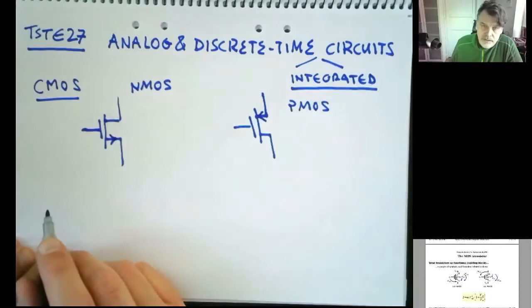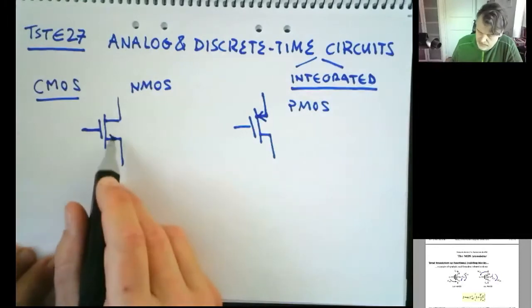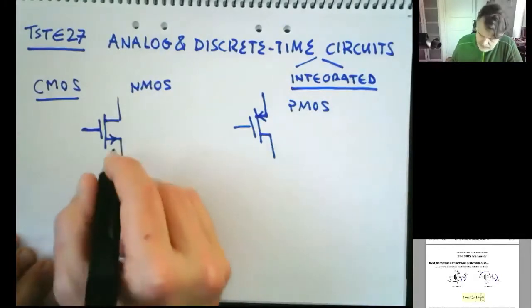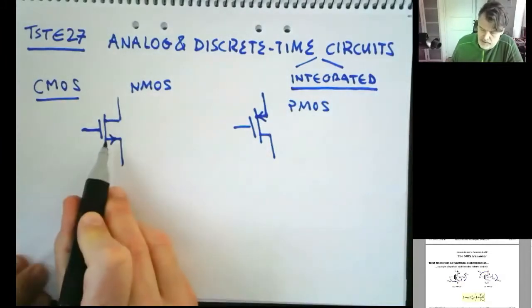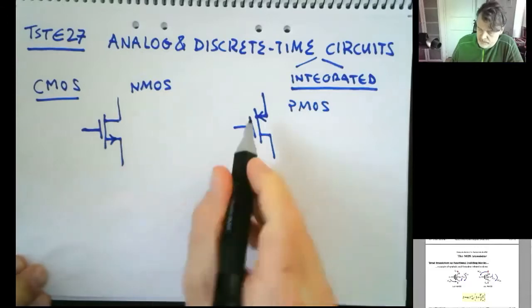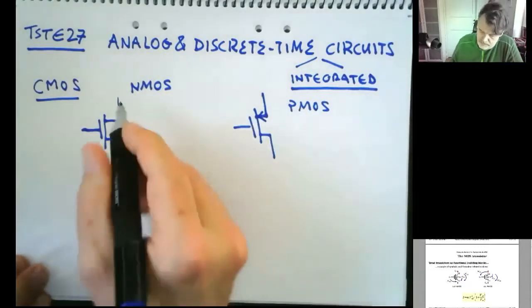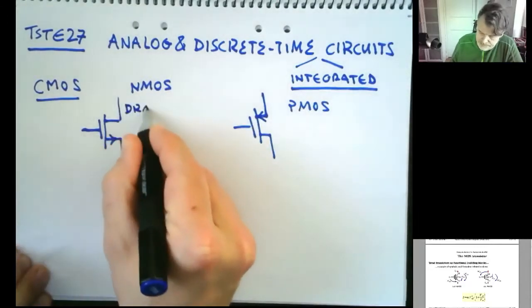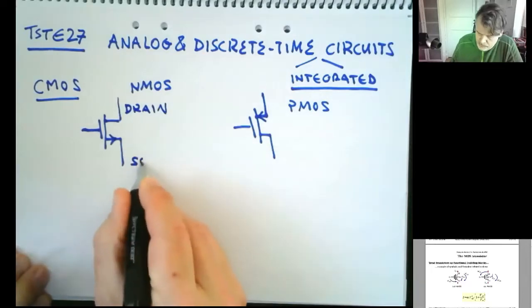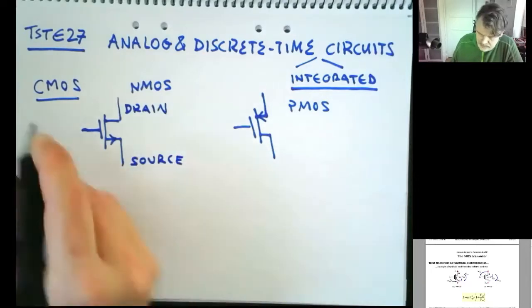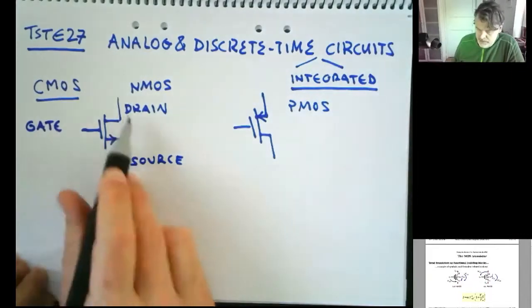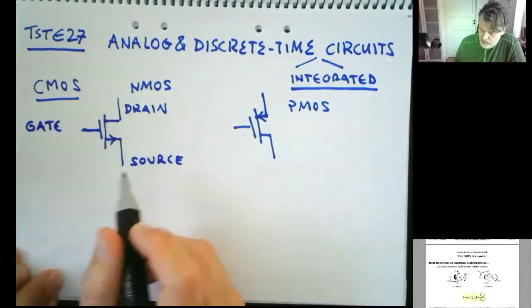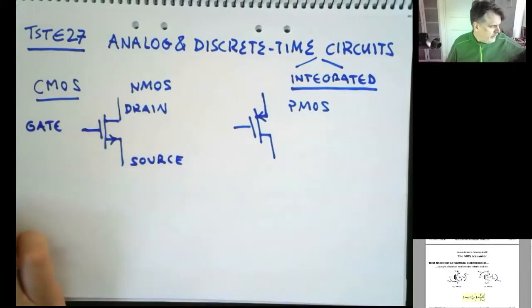Some people use rings and stuff. I don't use that. And sometimes we also write this a little bit quicker, just a dash on the source component of the transistor. So this is what we call drain. This is what we call source. This is what we call gate. D, S, and G.